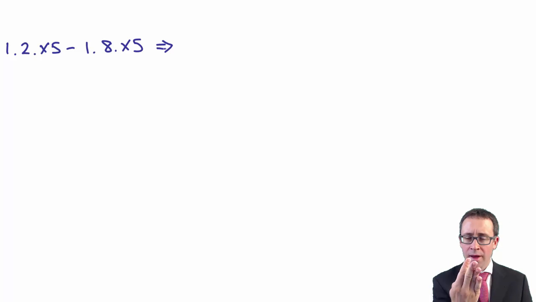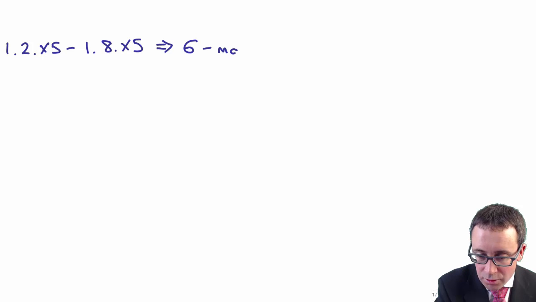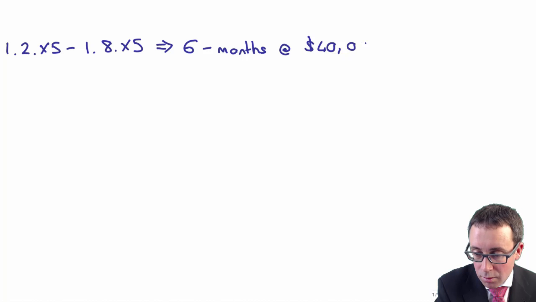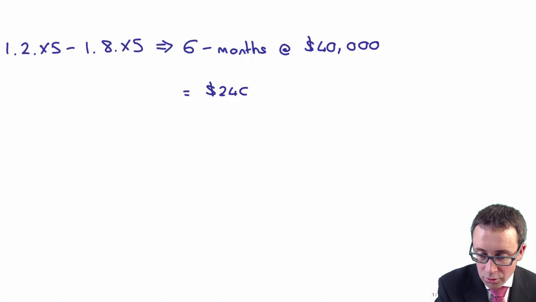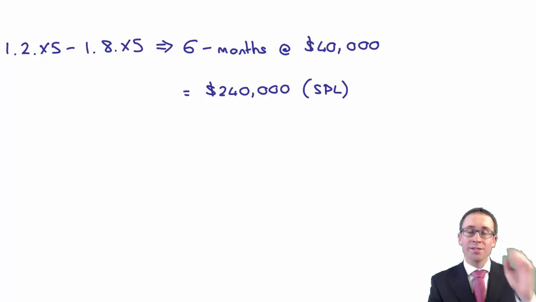February, March, April, May, June, July. Okay, don't go into August. So we have 6 months at $40,000 per month is $240,000 that gets expensed through the statement of profit or loss, isn't it?